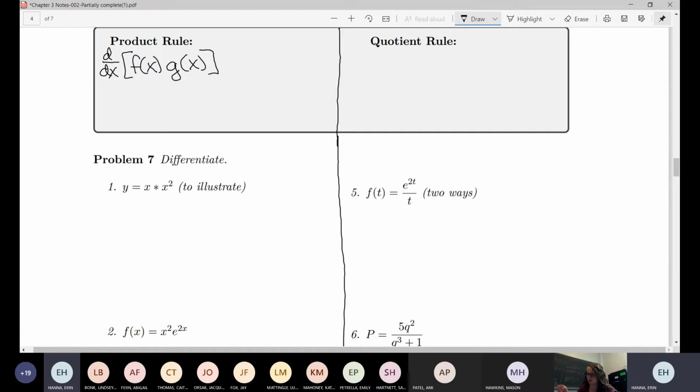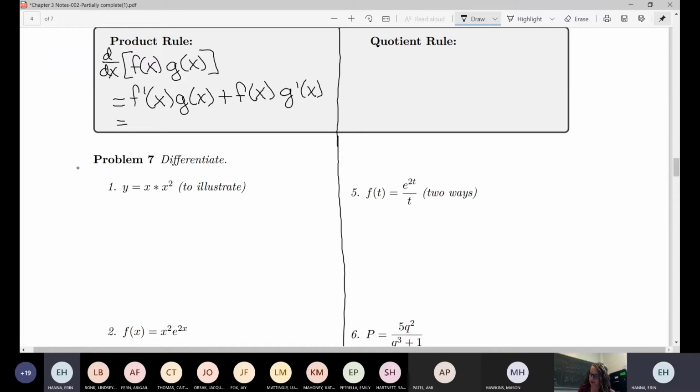And I'm going to run out of space if I keep writing that way, so I'm going to jump down here. And kind of like I did with the chain rule, I'm going to jump to the different type of notation. So we're going to have the derivative of f times the original function g plus the original f times the derivative of g.